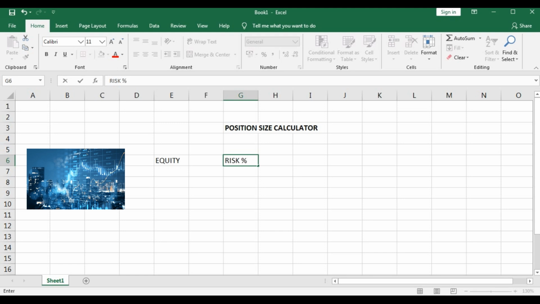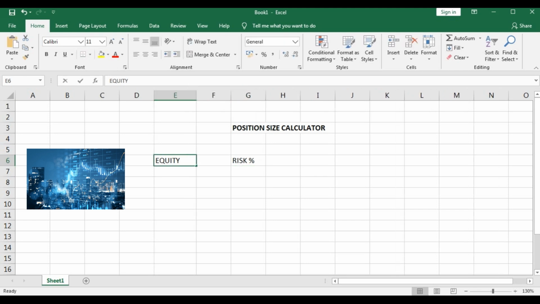In the first cell I've typed equity. That will be the equity amount in pound sterling. The second cell relates to the risk in percentage of your equity total. Then on the third cell we'll have the stop loss in pips, how big your stop loss will be, 25, 50 or 100 pips.